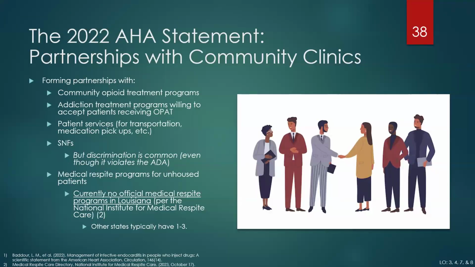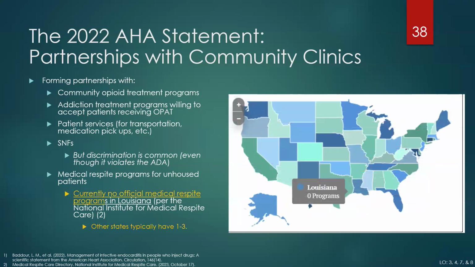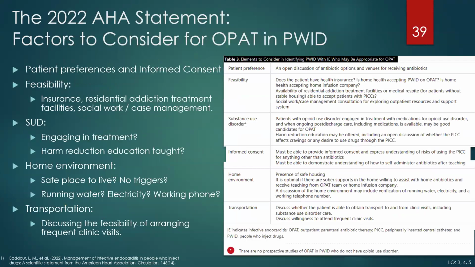They recommend partnership with community clinics, such as opioid treatment programs, addiction medicine treatment facilities, patient services for transportation and medication pickups, skilled nursing facilities, but discrimination is common, more on this later, and medical respite programs for unhoused patients. Currently, per the National Medical Respite programs, most states have 1 to 3.